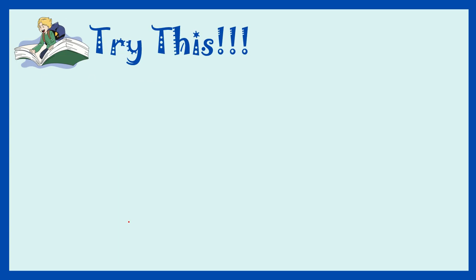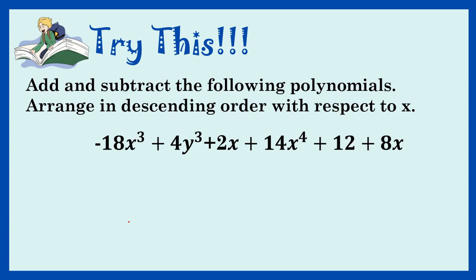So, you try this one. Okay, try mo naman ito. Kayang-kaya mo to kasi nakikinig ka. So, you need to add and subtract the following polynomials and then also arrange in descending order with respect to x. Yun, kailangan yung x muna. Tignan mo yung exponent ng ating x.